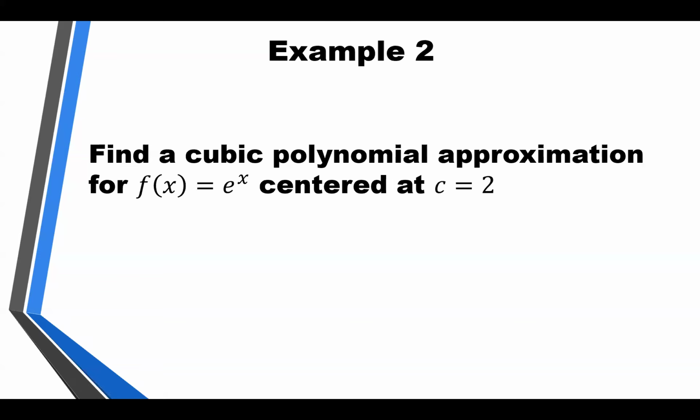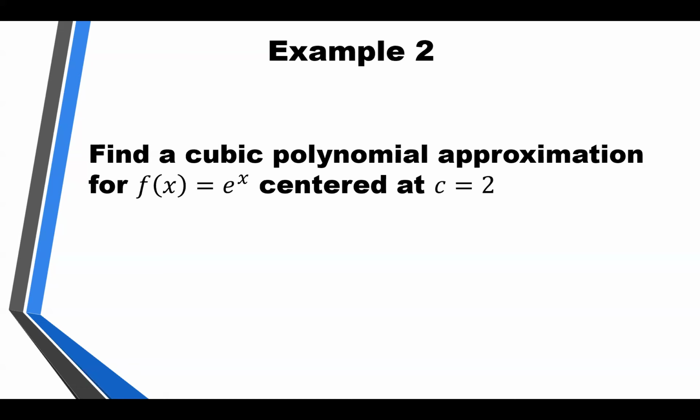Now, the question arises, what would happen if instead of centering this at 0, what if I wanted to center this at 2? So obviously, we have a nice Taylor polynomial, a cubic polynomial approximation for e to the x centered at c equals 0.